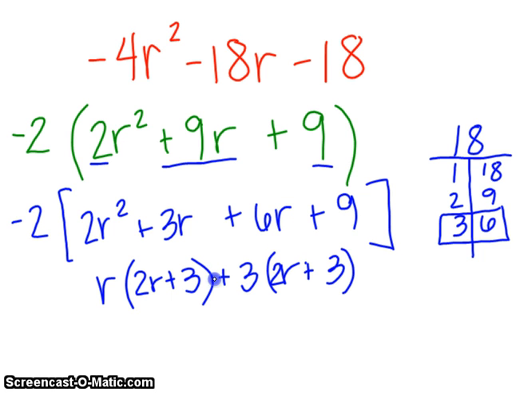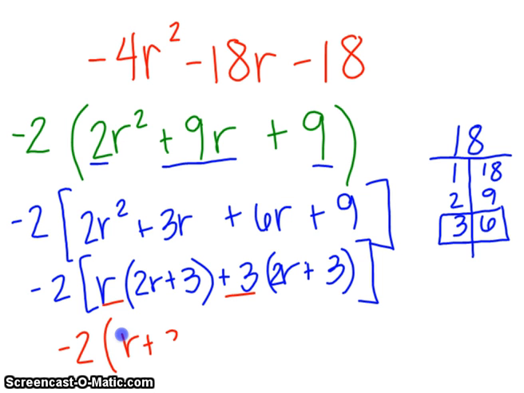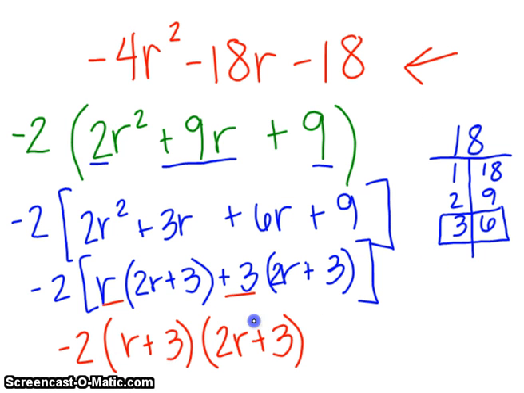So we do get the same thing in each one, and remember that negative 2 is still out front. So in the very end, we're going to write the negative 2 times the quantity r plus 3 times the quantity 2r plus 3. So now we have factored this polynomial completely into negative 2 times the quantity r plus 3 times the quantity 2r plus 3.